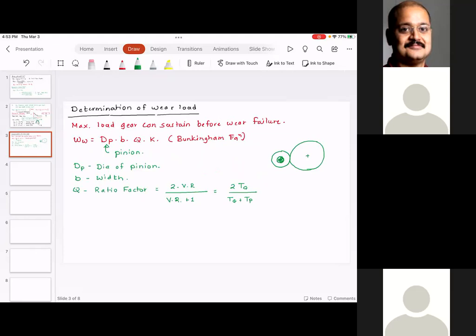So this becomes driven and this becomes driver. Sometimes you can drive the gear. So motor could be attached to the gear and the pinion is driven. So either way is possible. But this is for external.